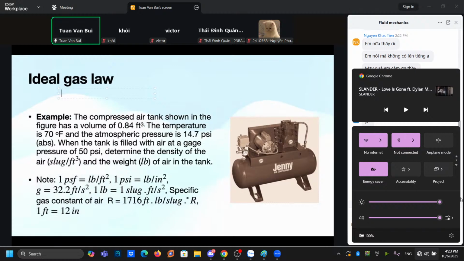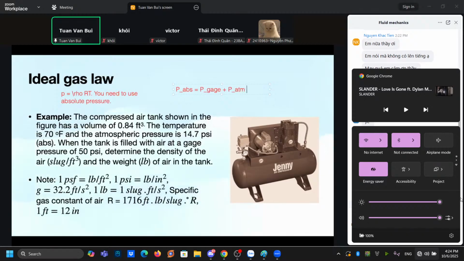So note that for the ideal gas law, P equals rho R T, I mentioned before, you need the absolute pressure. P absolute is equal to P gauge plus P atm.